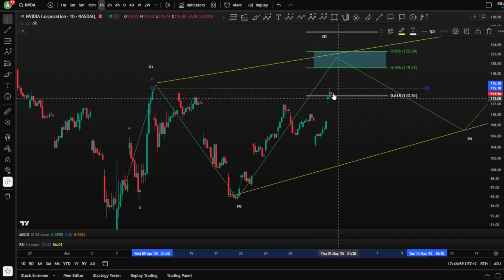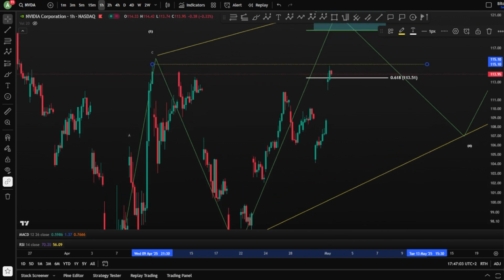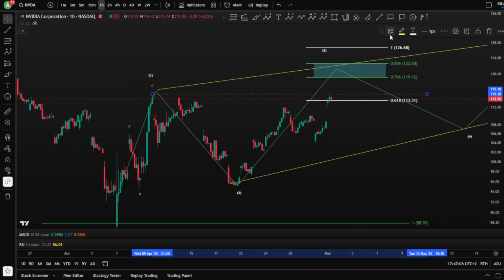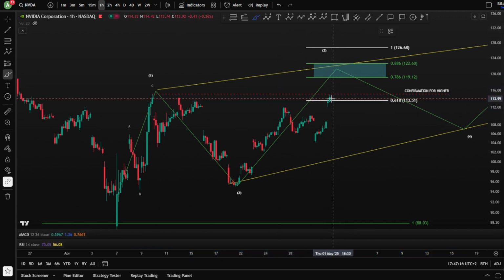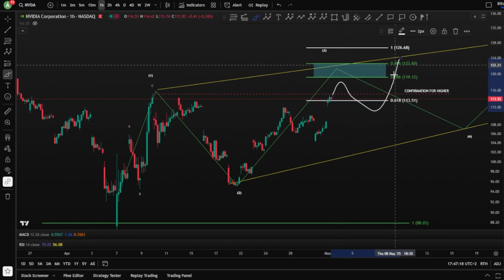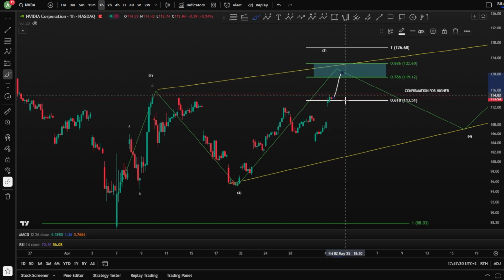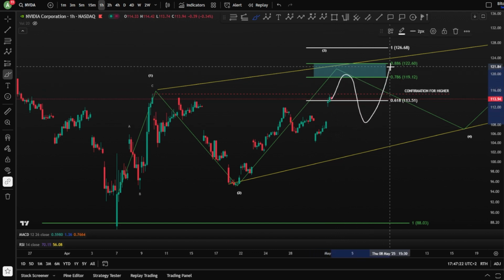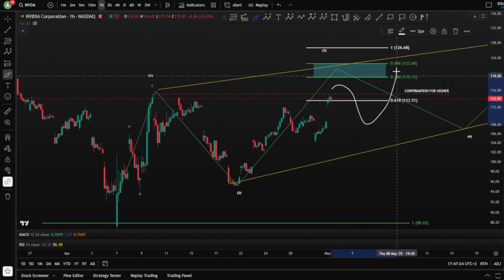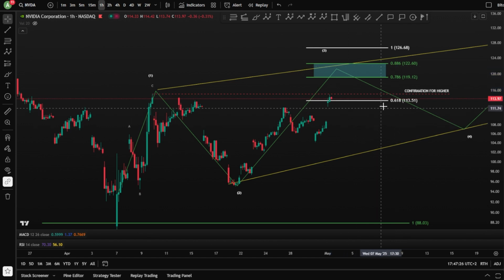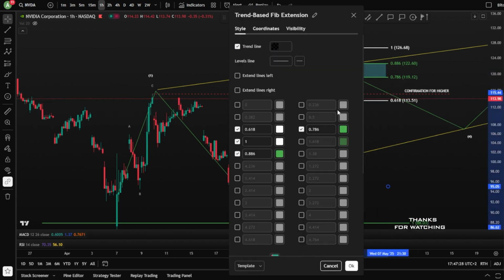This high, I would like to see it taken. As you can see, we saw a little gap in between, not taken yet. And this one is going to be a confirmation a little bit for higher prices. And higher prices means that we're going to see higher prices sooner or later. It's not necessarily directly, but sooner or later, meaning 4 and a 5. So these are the potential scenarios here, guys.